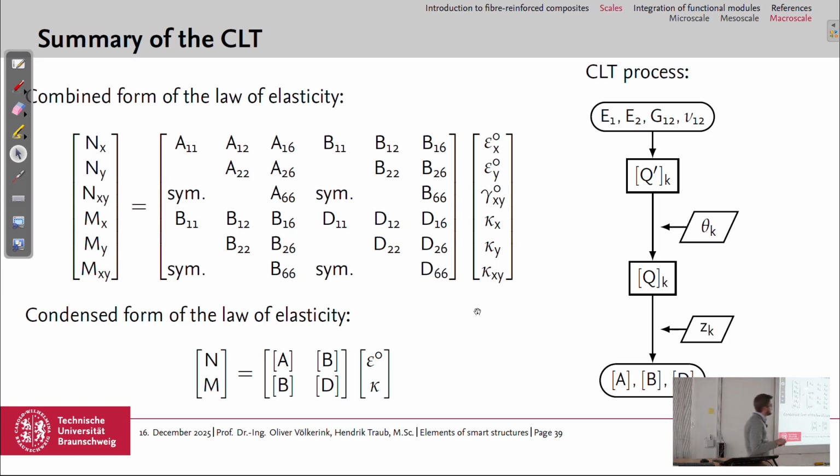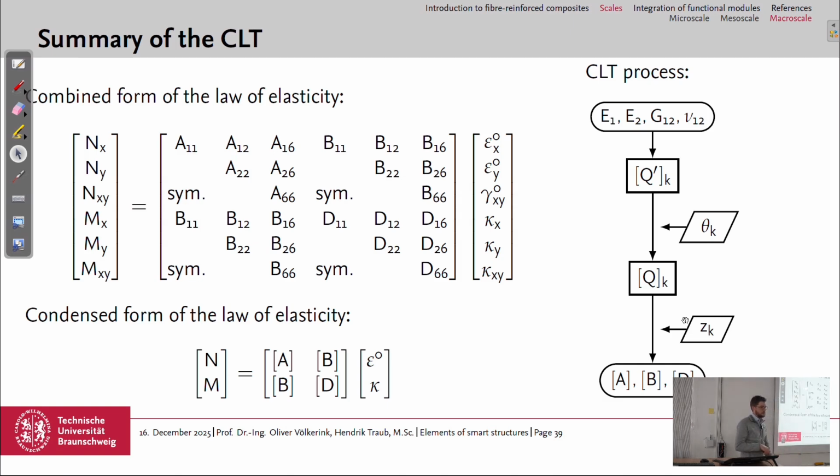So the CLT process: we go into the CLT process with the engineering constants of the individual plies. From this we build the plane stress stiffness matrix. Then we have the information about the angle of the individual ply in the laminate. We transform the stiffness matrix using this angle with some transformation equations and matrices, and then we add the information about the Z coordinate.